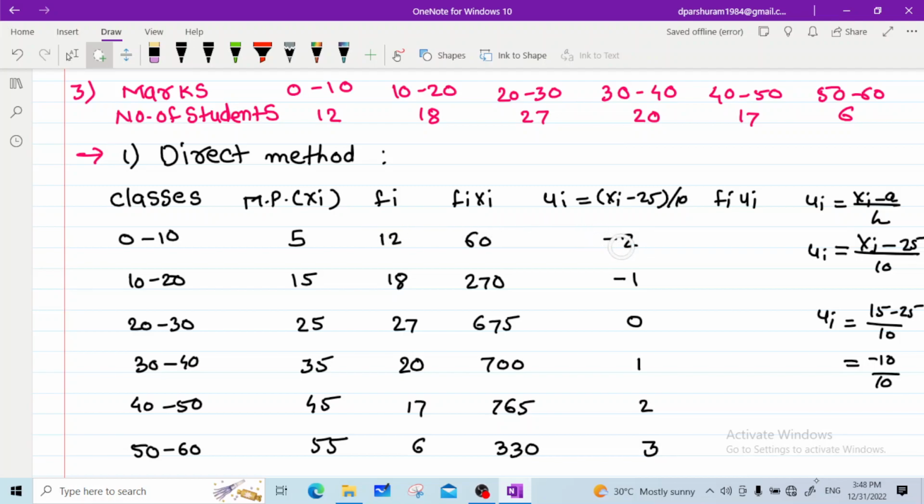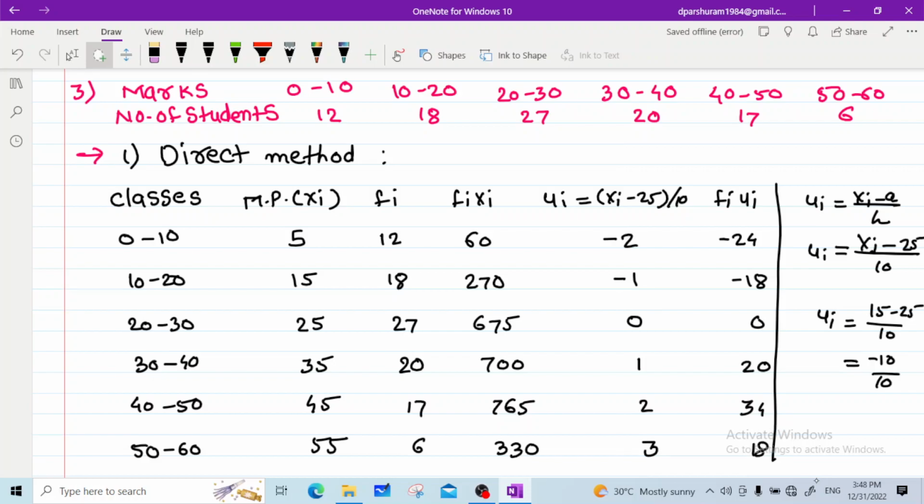That is 12 into minus 2 is equal to minus 24. Then 18 into minus 1 is equal to minus 18. Then 0, 20, 34 and 18.